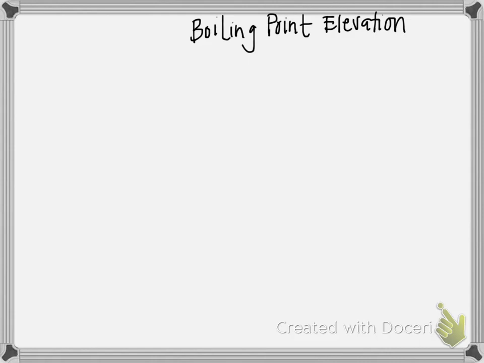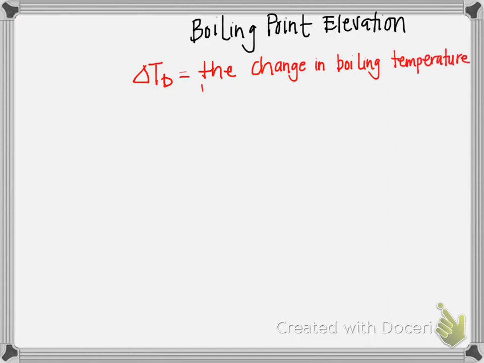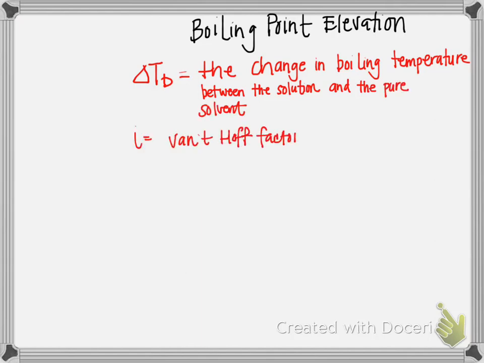So the boiling point elevation can be calculated using a formula with the following variables. I'm going to give you the variables first, and at the very end of this I'll give you the actual formula. So delta TB is the change in boiling point temperature between the solution and the pure solvent. Remember i, that's van 't Hoff's factor, and again that's going to be dependent on the number of ions in solution.